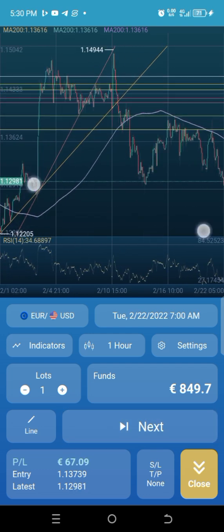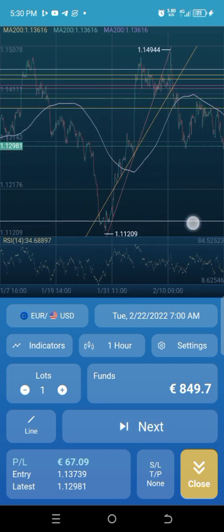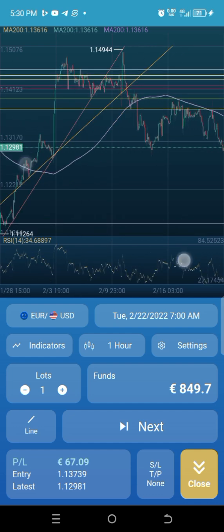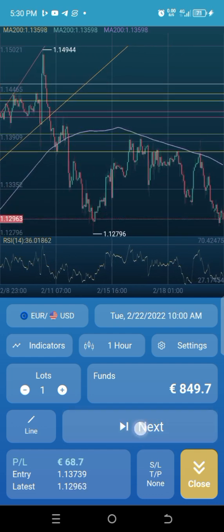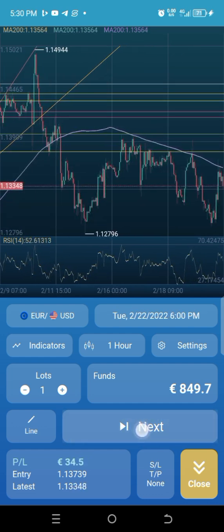Okay, price looks like it's going. It's not a guarantee, but we're targeting here. Let's wait and see where it will show us that it's going.